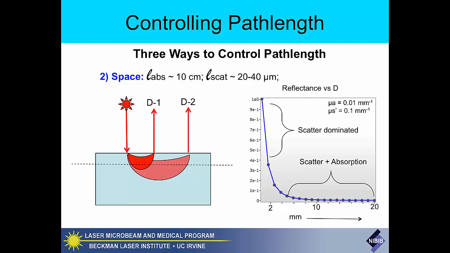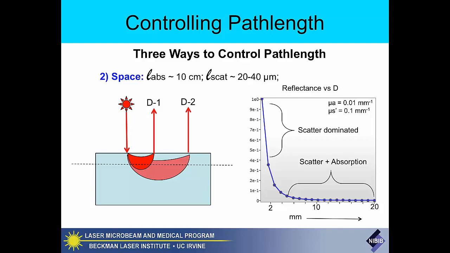Those are the most probable paths to be detected by this detector fiber, as opposed to if we have a detector that's further away from the source, then that detector is able to see more deeply propagating photons.